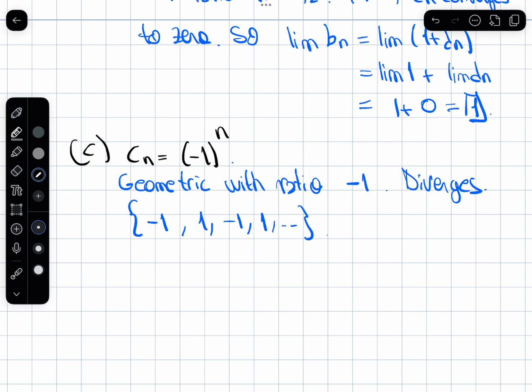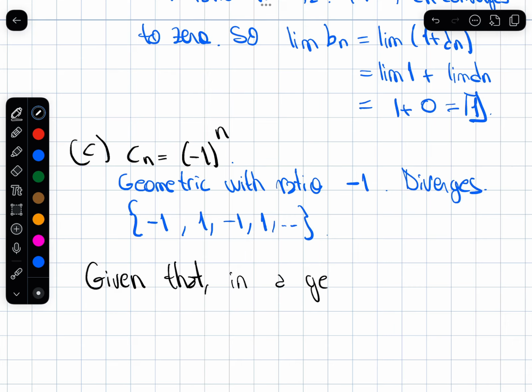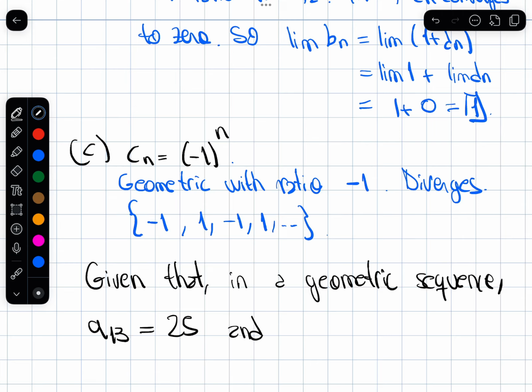For example, let's say you know that in a geometric sequence, a_13 is 25 and a_15 is, just make up a number, and sometimes it's going to look a little ugly, that's fine.